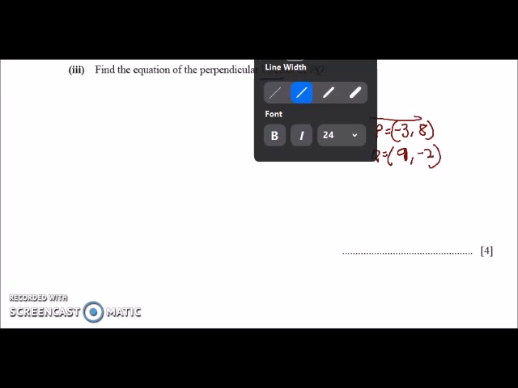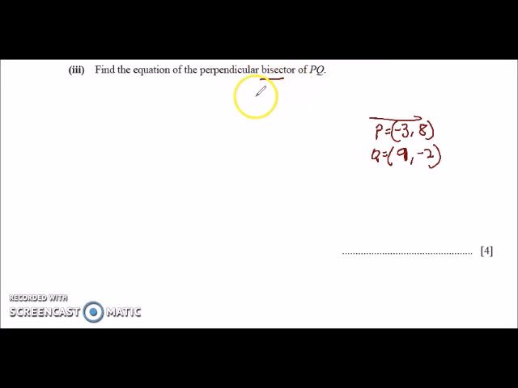Okay, first of all, the first step to find the equation of this perpendicular bisector is to find a midpoint of the line PQ. So we can use this coordinate that I have copied earlier. So the midpoint formula is given by x1 plus x2 divided by 2, y1 plus y2 divided by 2. This is the midpoint formula.